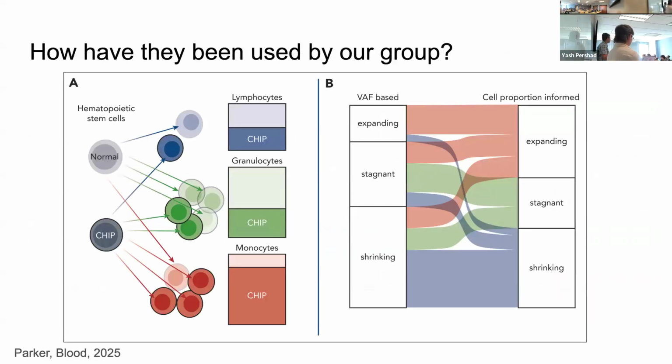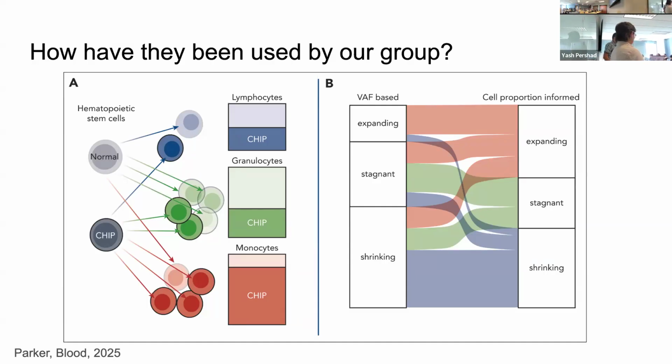So how has this been used by our group? I mentioned it in the EWAS context, which we'll get into, but Alyssa Parker, who defended last year from our lab, worked on clonal hematopoiesis, which is what we study. We're very interested in seeing how the mutation size in your DNA changes over time. Since the mutation is preferentially harbored by certain cell types, knowing from just the DNA how many cells of what type are in your blood allows you to adjust for the cell types and see where the mutation is harbored.